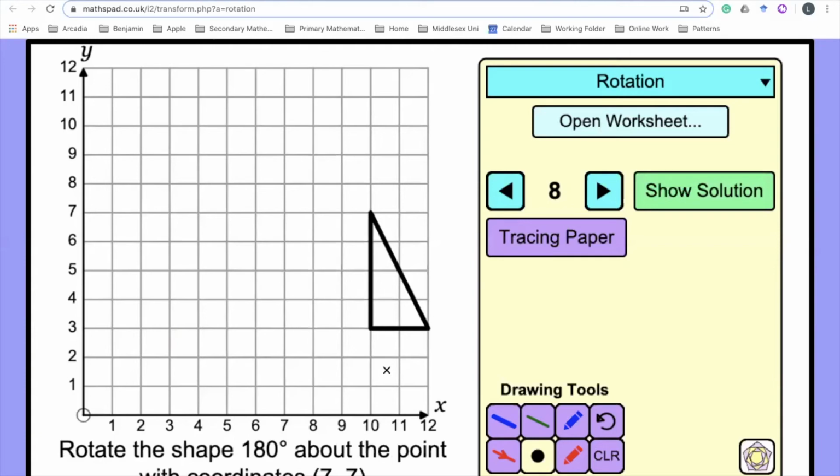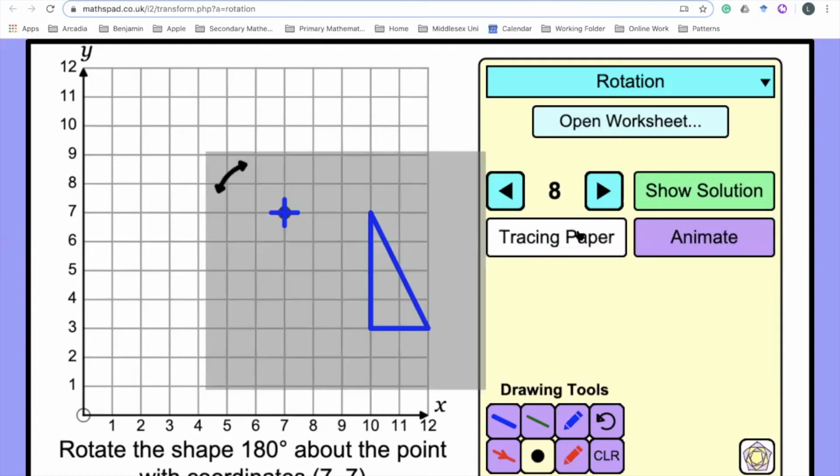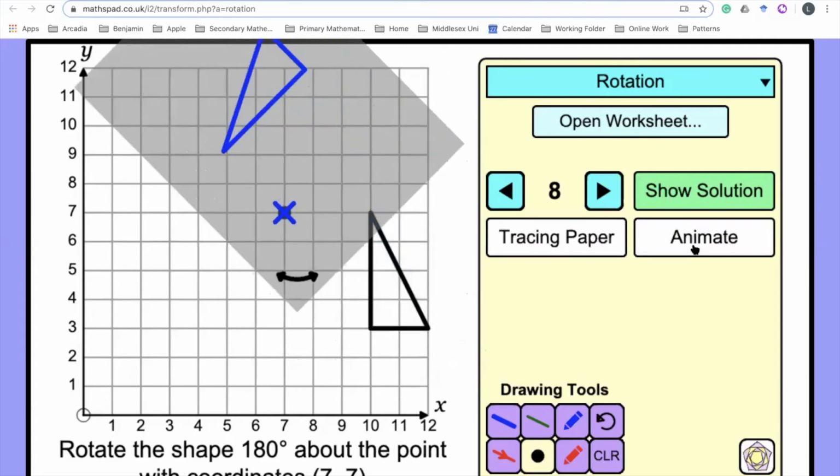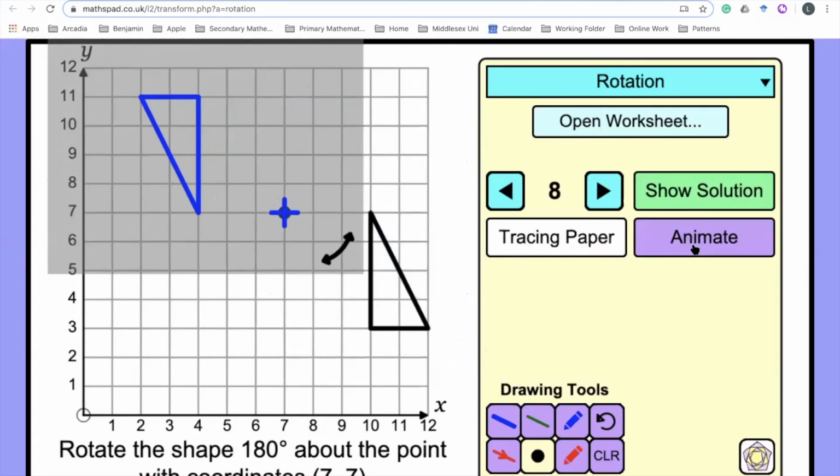So rotate the shape 180 degrees about the point 7, 7. So 7, 7, let me put it in here. 7, 7, okay. Put my tracing paper over it, 180 degrees. The more of these questions that you do, the more you are able to visualize where these rotations will appear.